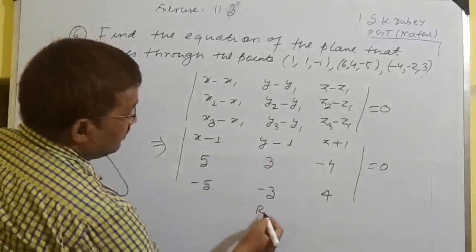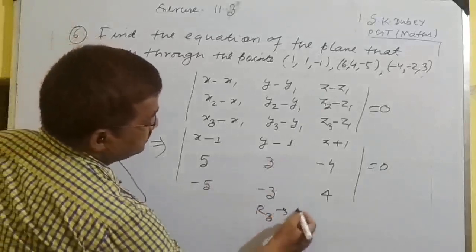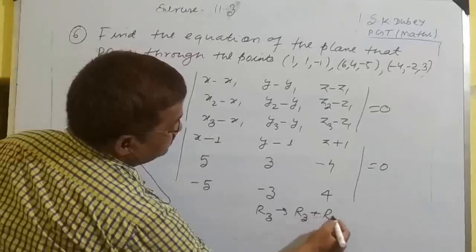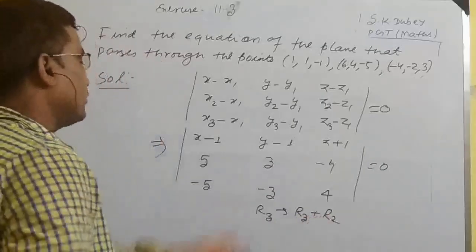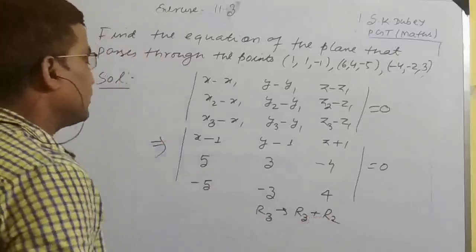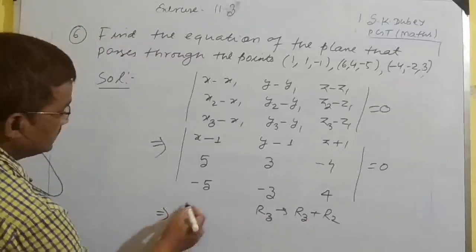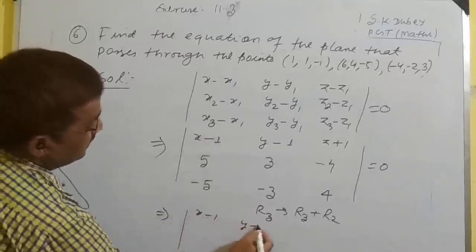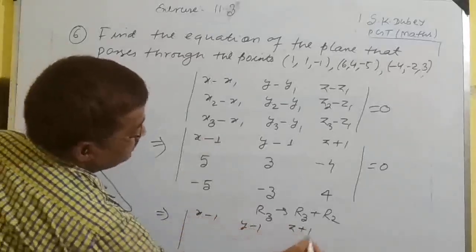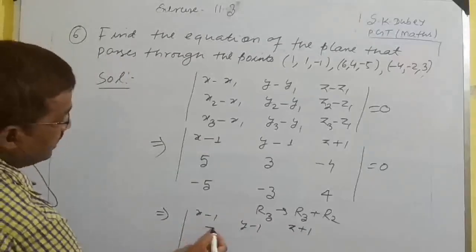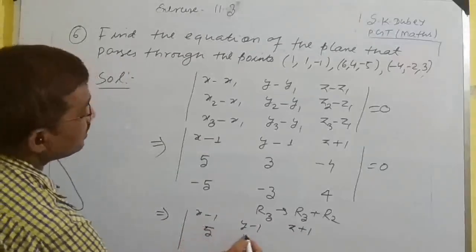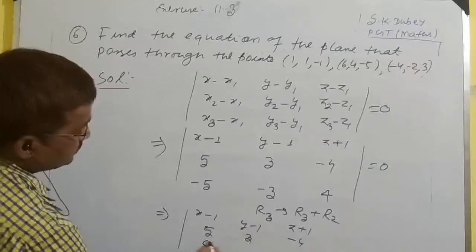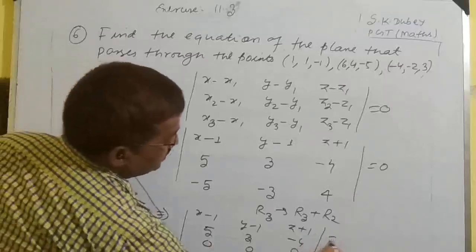Here we can write R3 is R3 plus R2; in the third row, we are adding the second row. The first row is x minus 1, y minus 1, and z plus 1, the second row is 5, 3, and minus 4, but here the third row becomes 0, 0, 0.